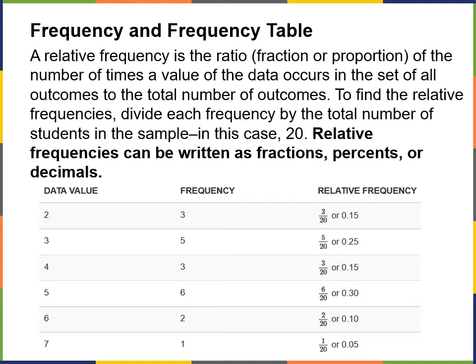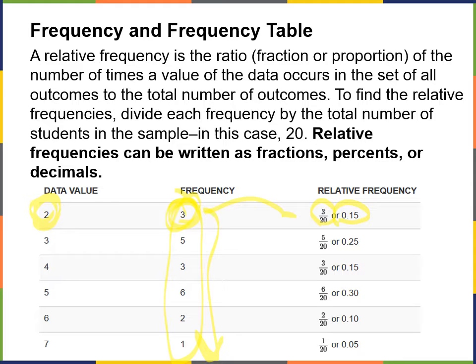So while 3 people worked 2 hours, you want to see how that compares to the entire data set. If we convert it to a relative frequency, there were 20 people in our data set total. If you add up all your frequencies, it tells you how many students you sampled. And if we divide that 3 by 20, or turn it into a decimal, 0.15, that tells you the relative frequency.